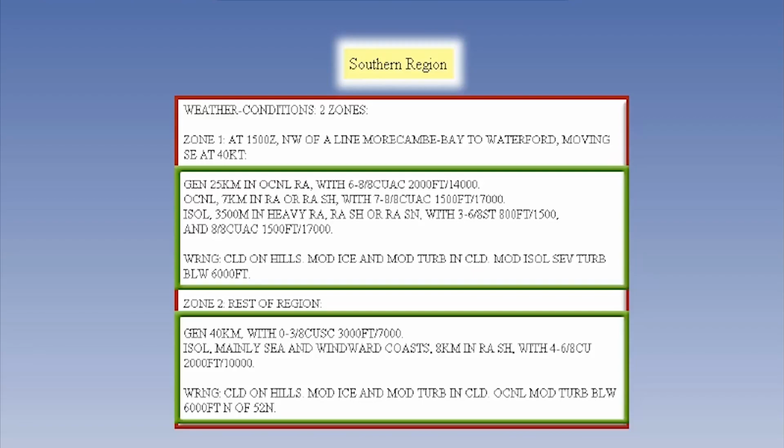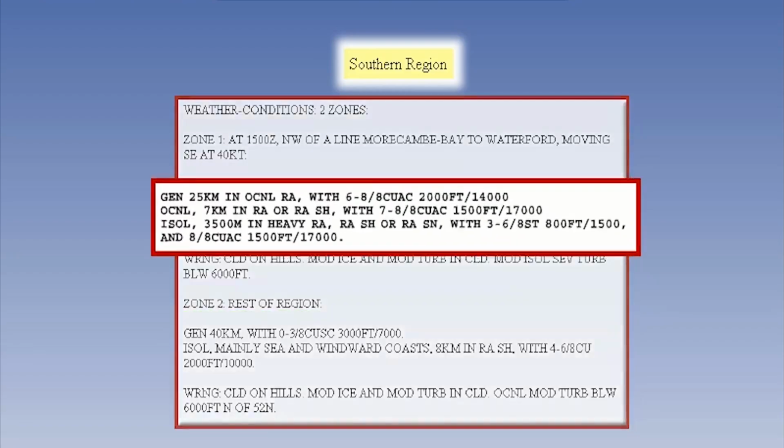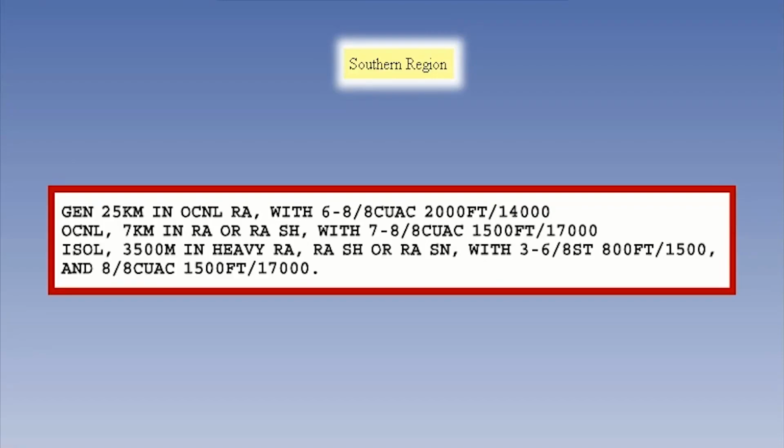These different weather elements are written in the same order as they appear on the UK Low-Level Significant Weather Chart, the 215. The same abbreviated plain language is used, which you should be becoming familiar with. We will now run through the lines of text contained in Zone 1, so that the structure of the information becomes familiar.